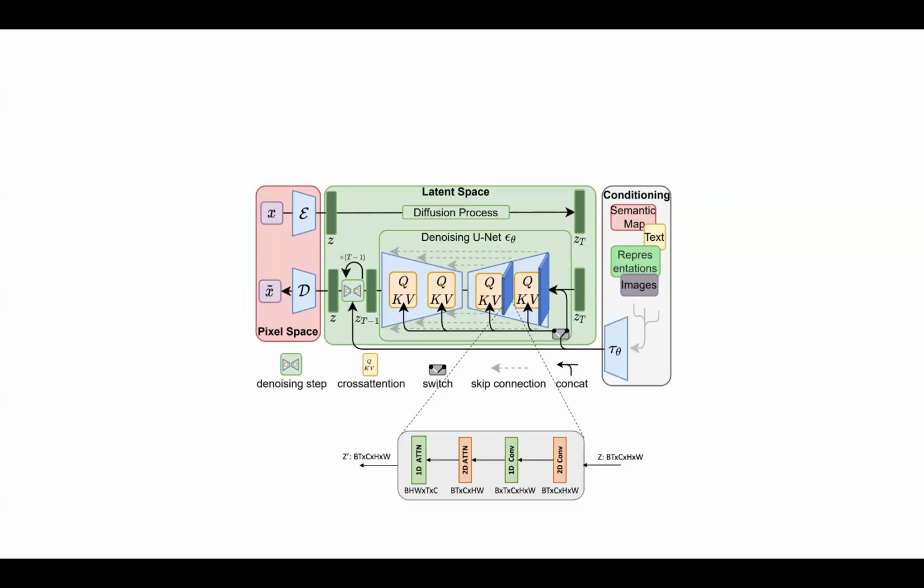Here we have another layer added in between the existing pre-trained networks, in between the existing cross attention network. We are adding both spatial and temporal layers that can make this network consistent.